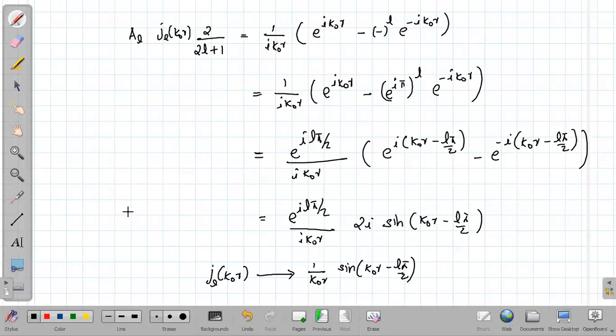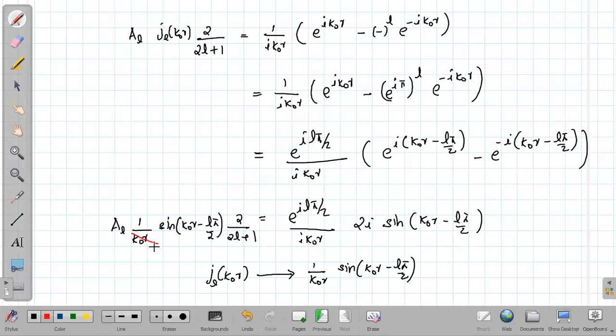Then the left side becomes A_L times 1 upon k0 r, sine of (k0 r minus L pi by 2), times 2 upon 2L plus 1. So some common terms can be cancelled.